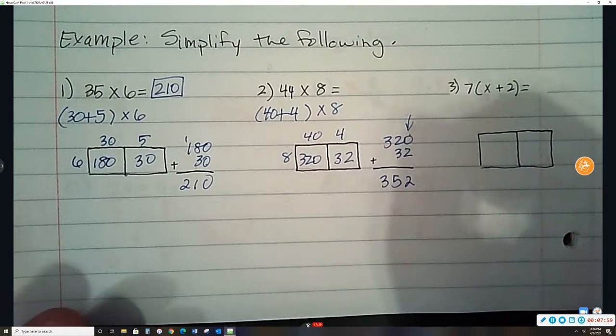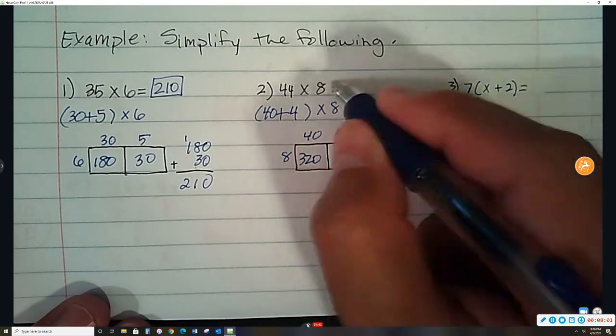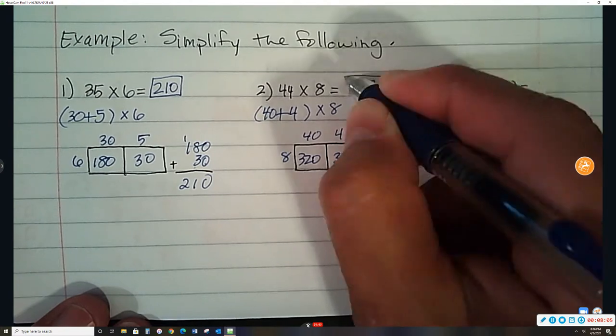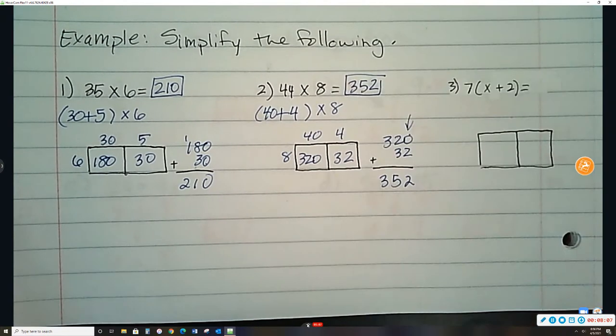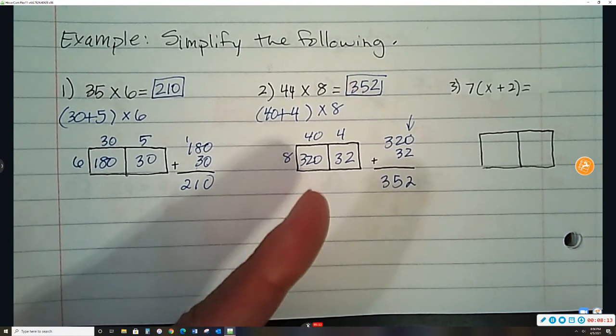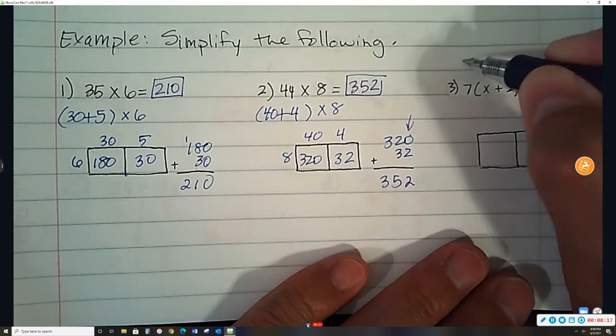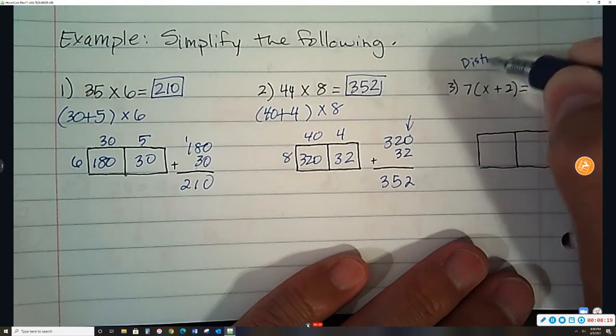That was easy addition. So I know 44 times 8 is 352. And again, there's no way I could have figured, well, I probably could have figured it out in my head, but it would have taken me a while to do that. This is way easier. And then this new example, this is actually an example of the distributive property.